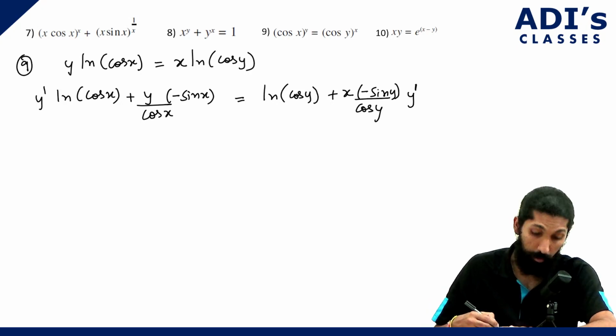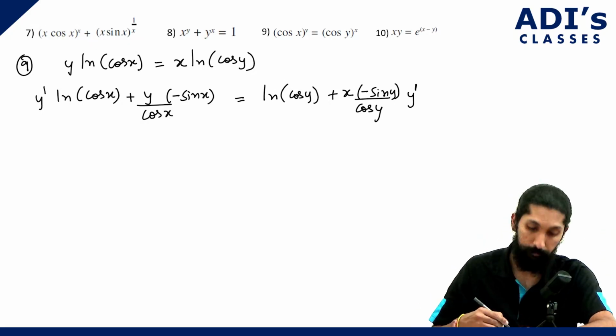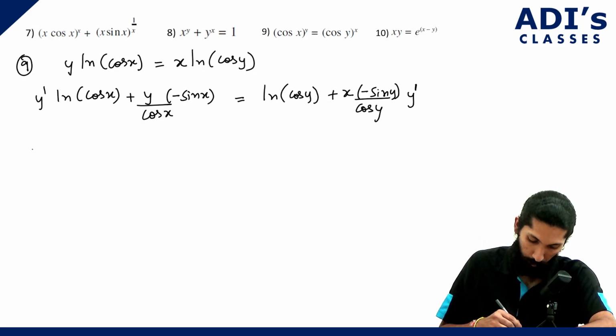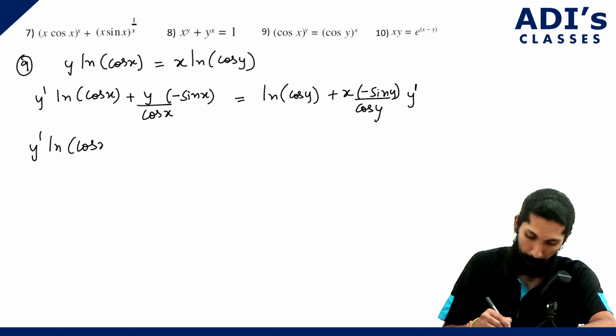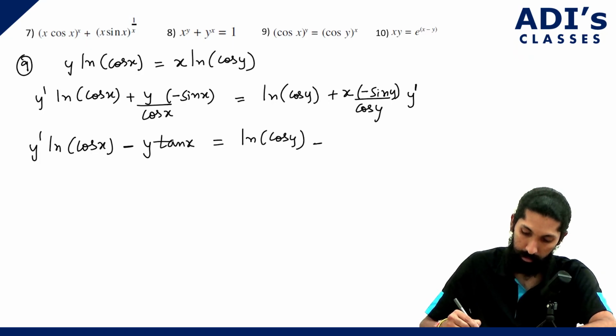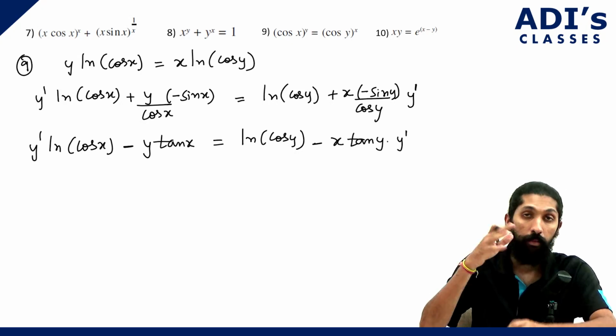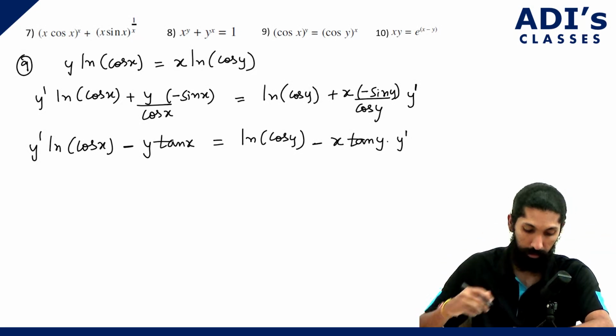All right. So y dash into log of cos x minus y into tan x is equal to log of cos y minus x tan y into y dash. Correct? Now take the y dash on one side. That means on the RHS y dash what you have, we'll take that to LHS.